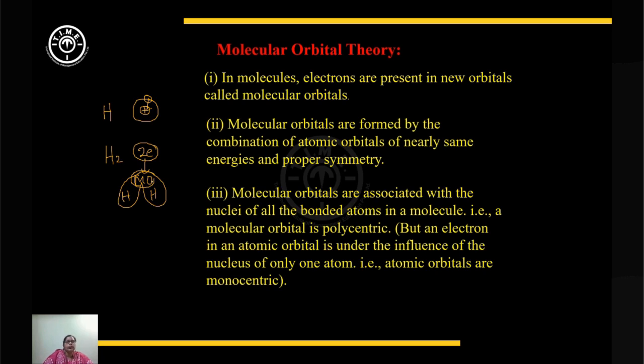So the molecular orbital is called polycentric because it is influenced by the nuclei of all the bonded atoms in the molecule. Whereas the atomic orbital, this is the atomic orbital, 1s orbital for hydrogen atom, is under the influence of only one atom. I hope this is clear.